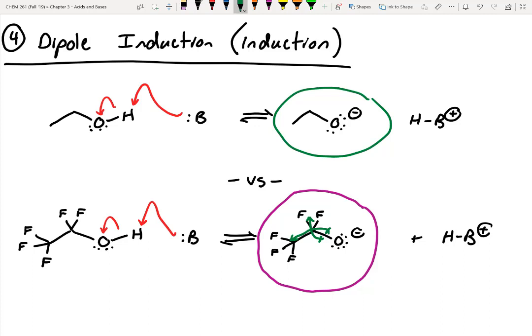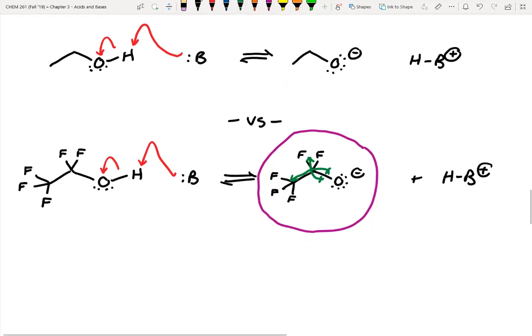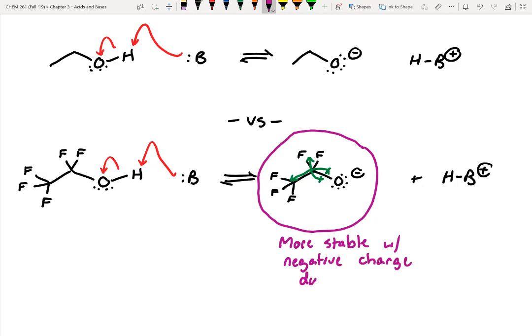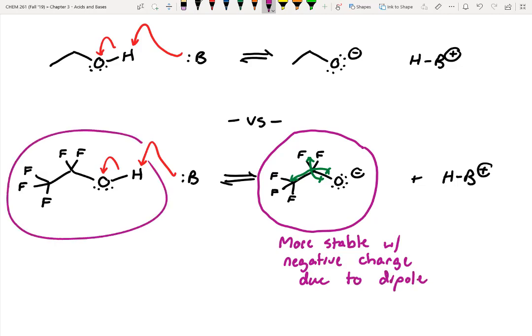So the fluorines wanting those electrons is going to hog electron density away from that oxygen, which in this case stabilizes it. So this is where dipole induction comes in. Which means that correspondingly, this must be the stronger acid. Does that make more sense?